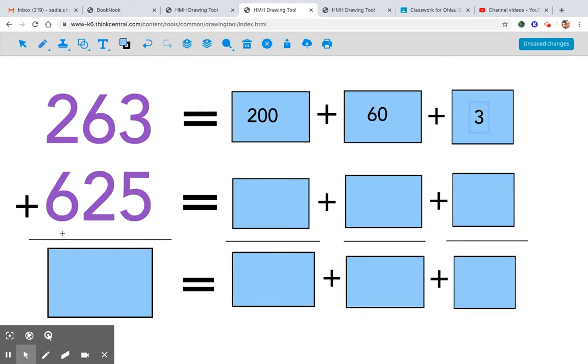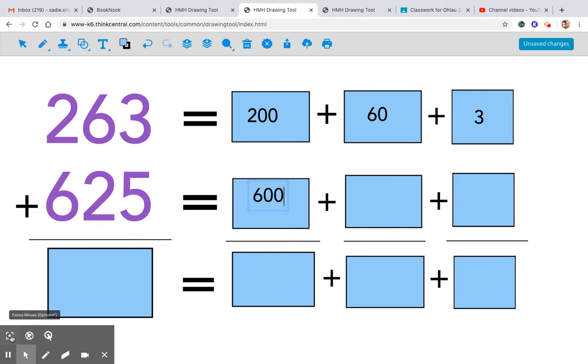Okay. Now here on this number 625, I have a 6 in my hundreds place. So right here I'm going to write 600, and after we finish writing this number in expanded notation, we're going to look at what 600 plus 200 is and write our answer right here.